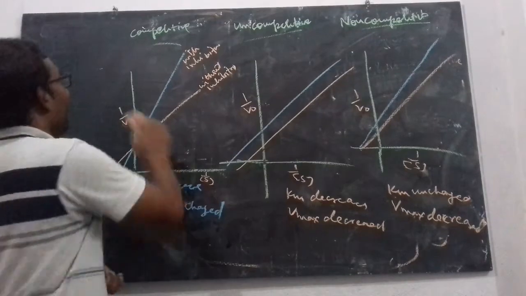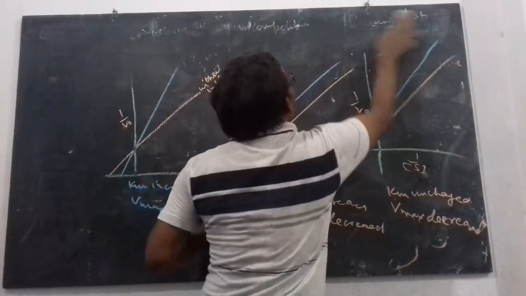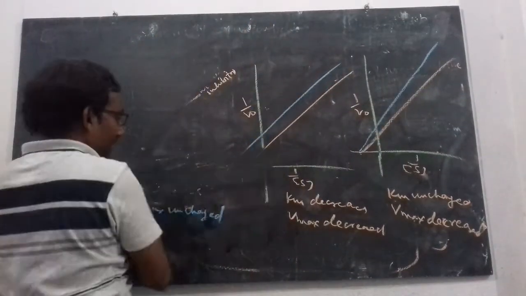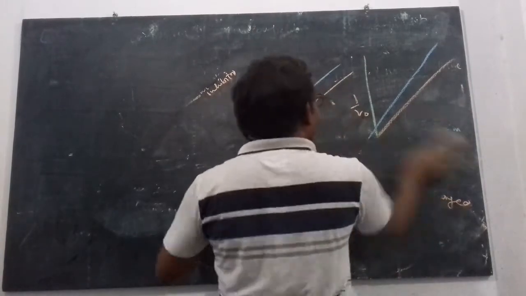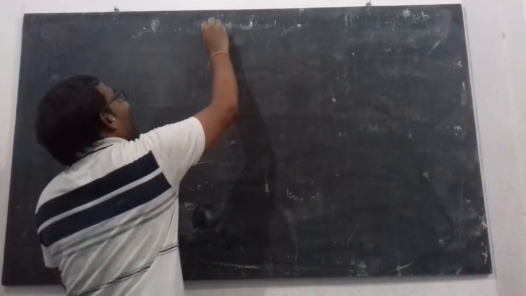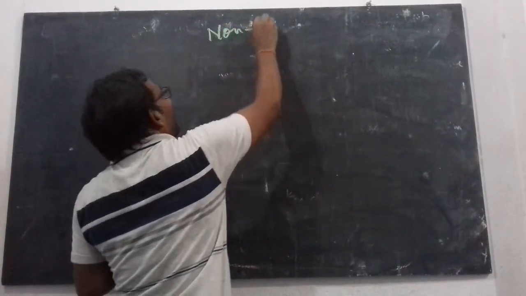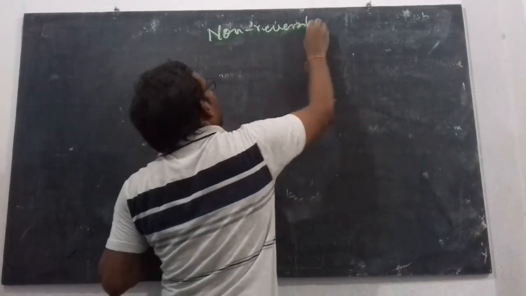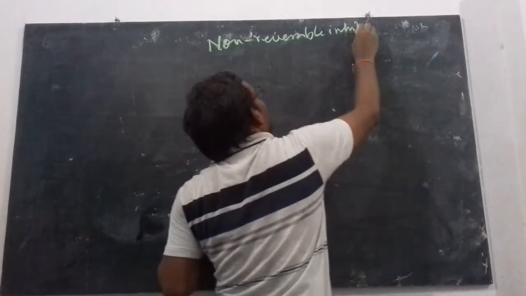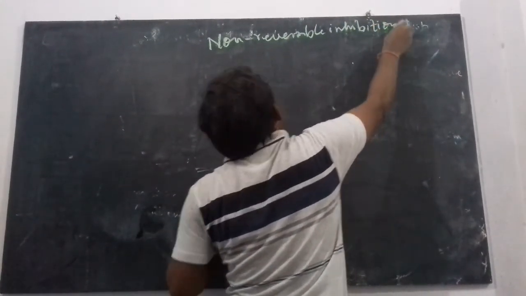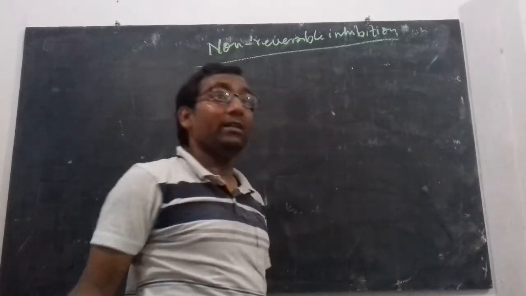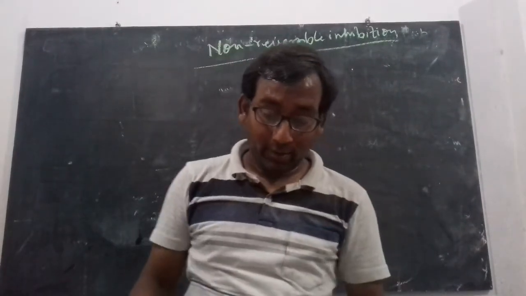Now we have learned that these three cases were reversible inhibition. Now I will discuss for two or three minutes what is non-reversible inhibition. It is very easy. Here there will be no reverse.